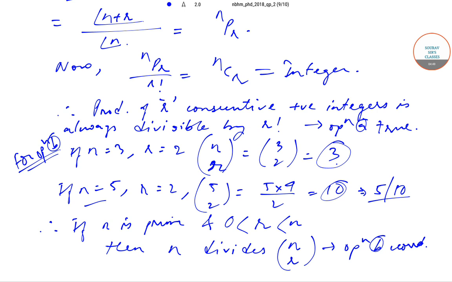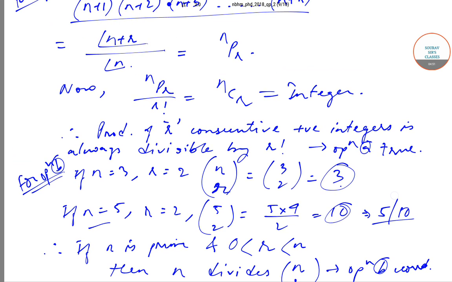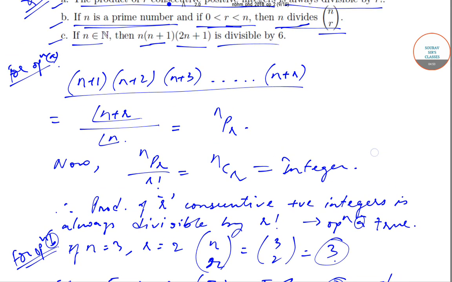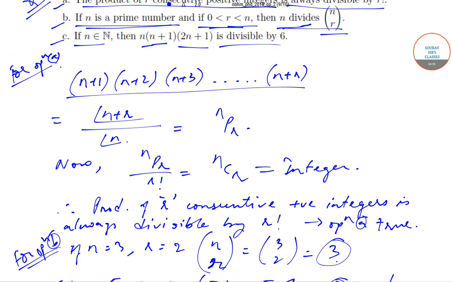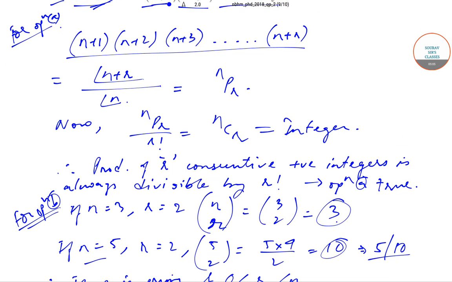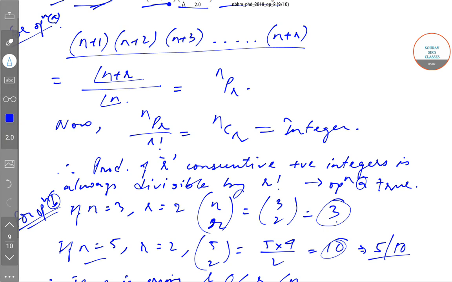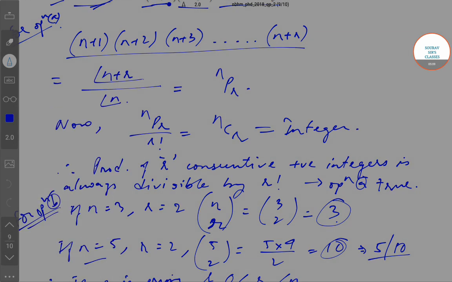Now let's move on to the next option. The next option is that if n belongs to the set of natural numbers, then n(n+1)(2n+1) is divisible by 6. For this we'll try to use the method of induction. Let me insert another page over here and change the background.